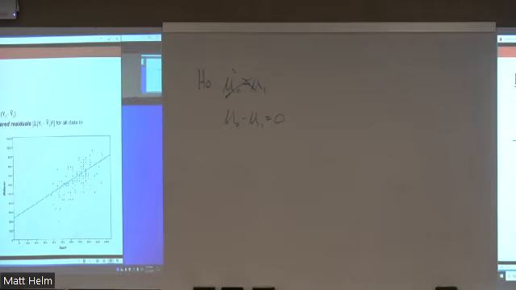Looking at this equation, what would be the expected value on the midterm if someone got a 0 on quiz 1?